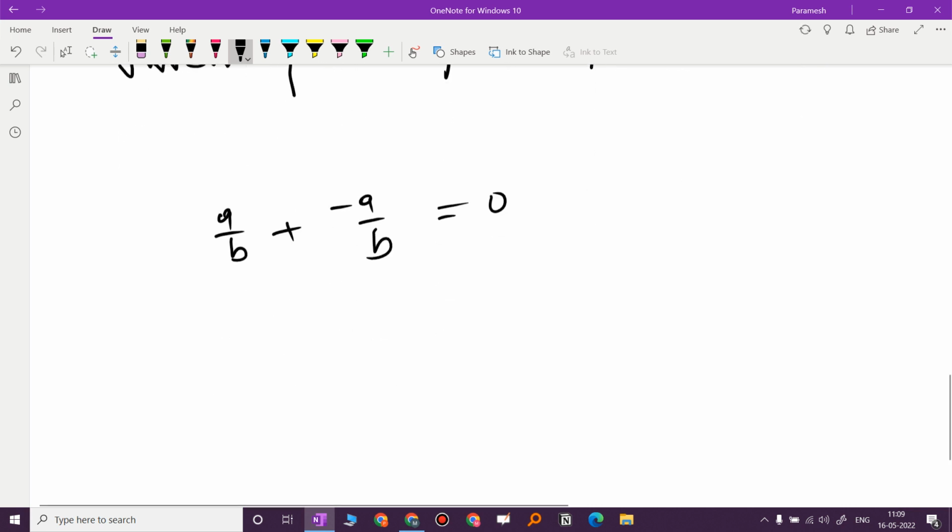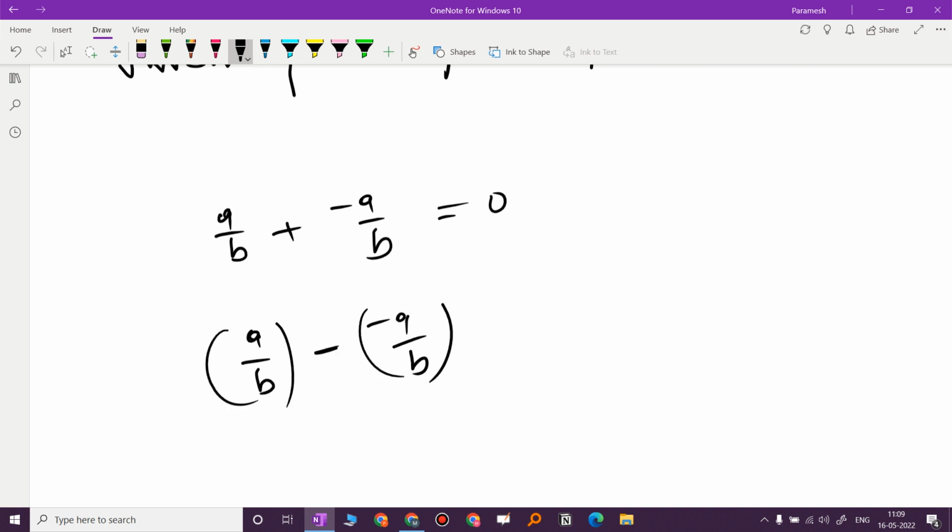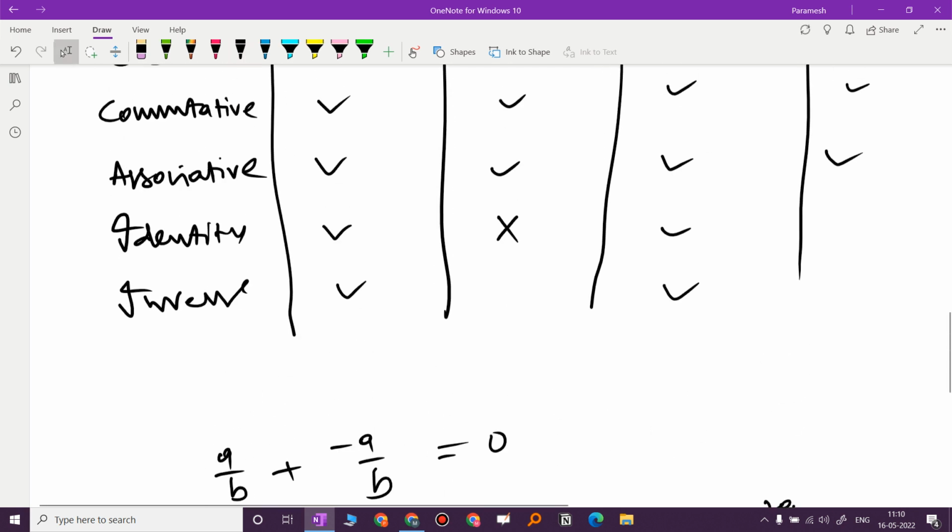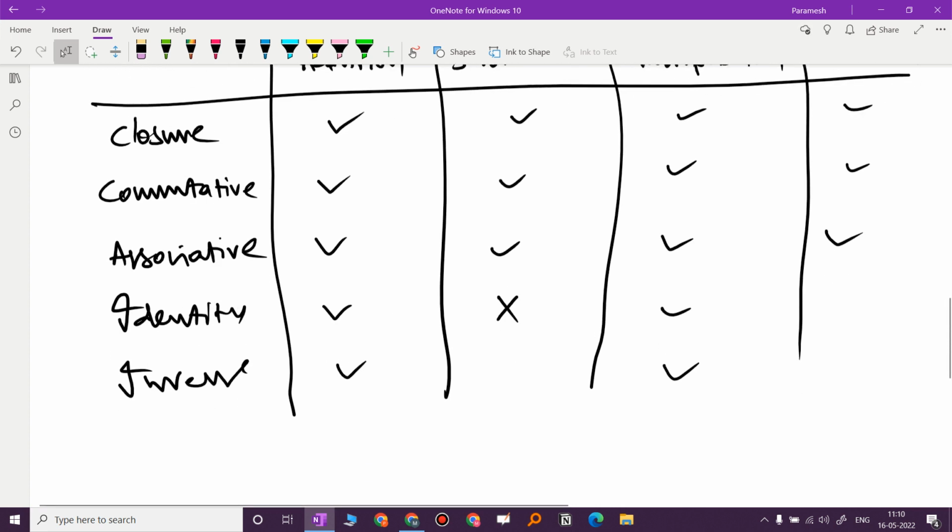But under subtraction, suppose a by b, its additive inverse is minus a by b, their subtraction means a by b minus of minus a by b, which equals 2a by b, but not equal to 0. So that's why the rational number set does not satisfy the inverse property under subtraction.